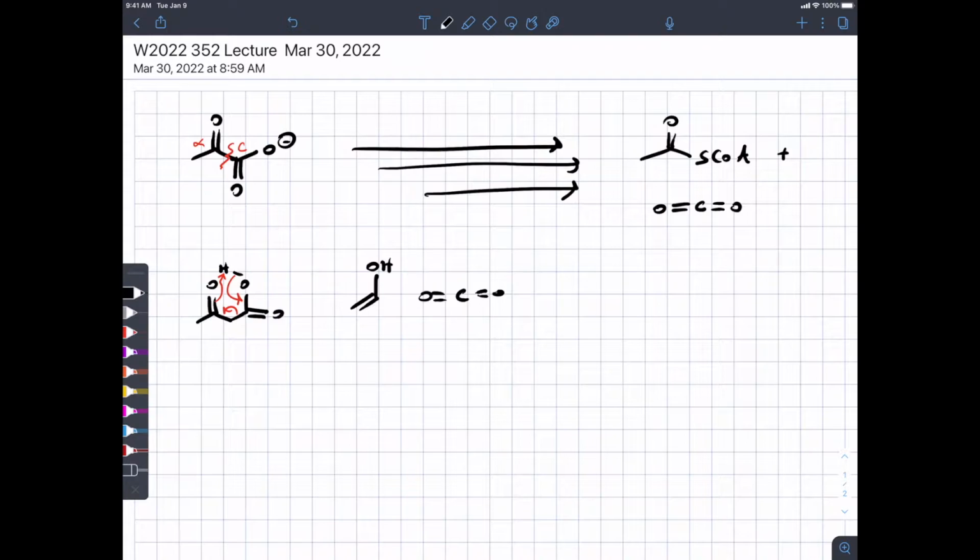And the pattern there is a beta keto acid. But what we've got here in pyruvate is an alpha keto acid.